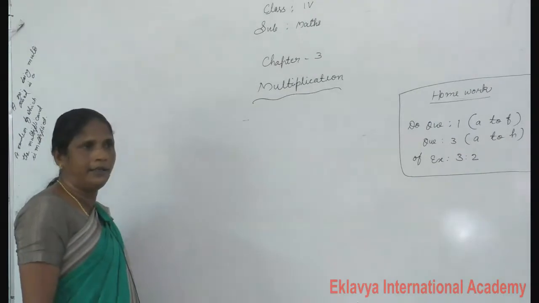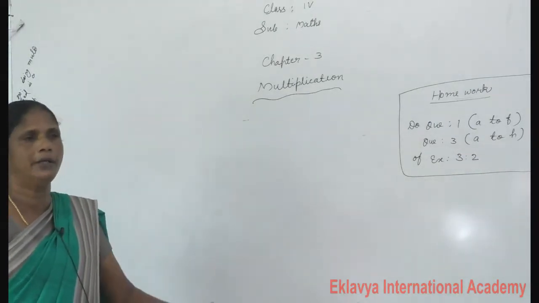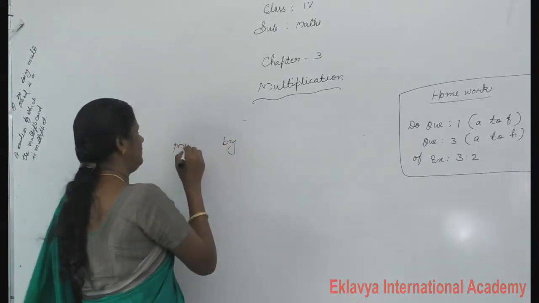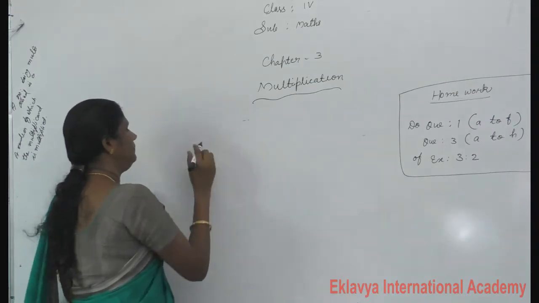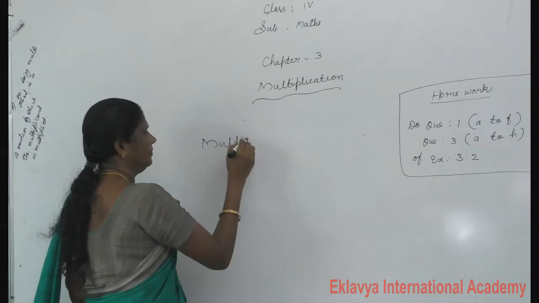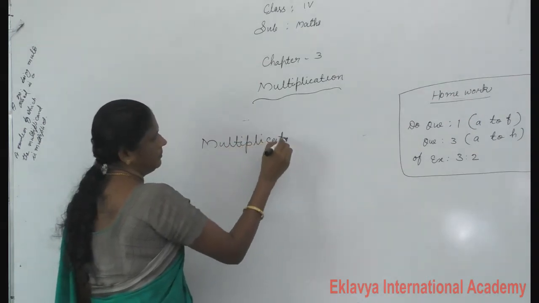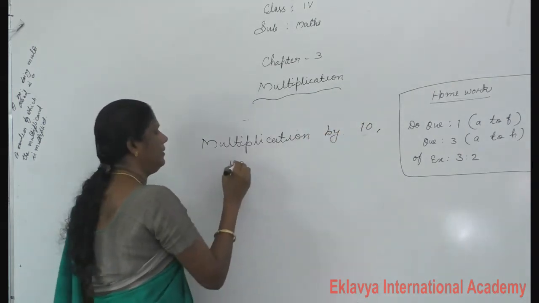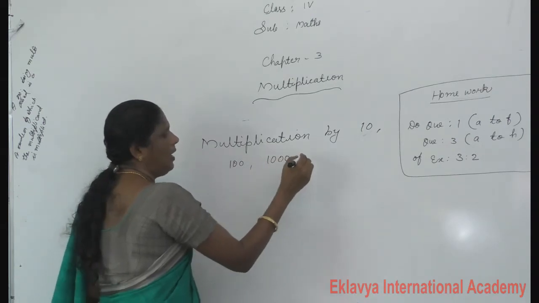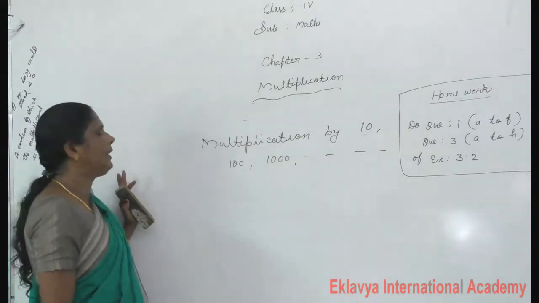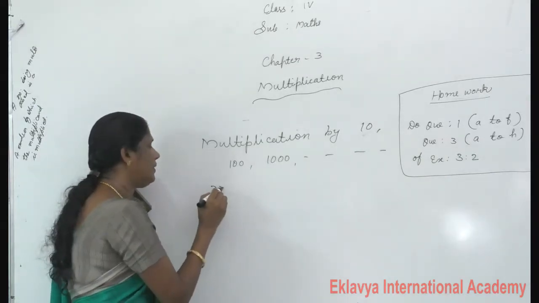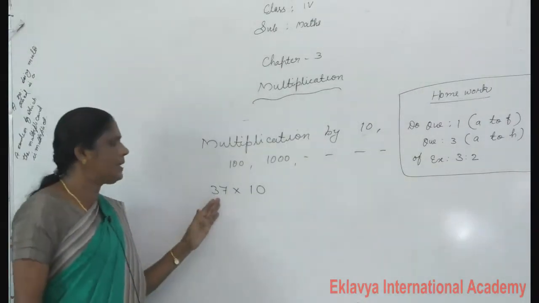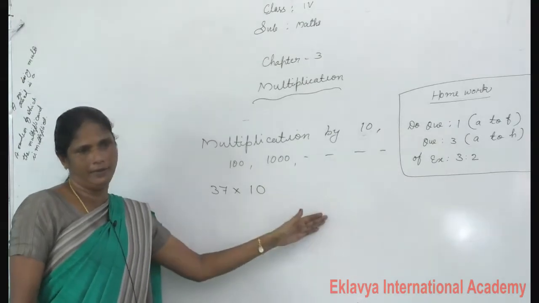Now we study multiplication by 10, 100, 1000, 10,000 and so on. Look here, 37 multiply 10.